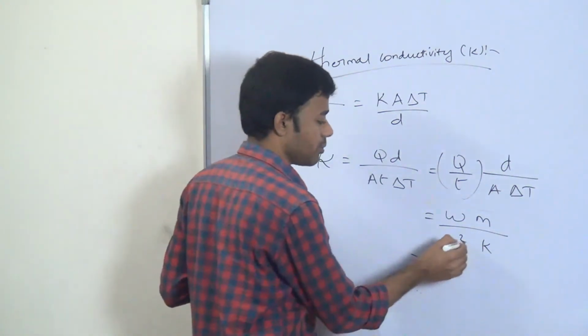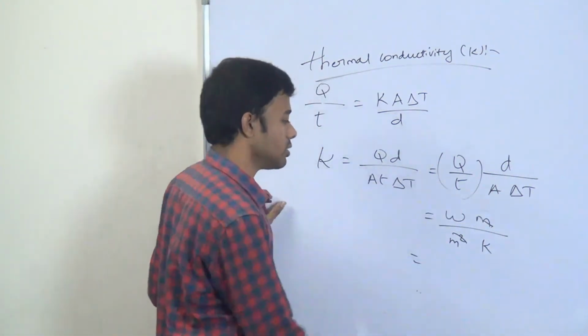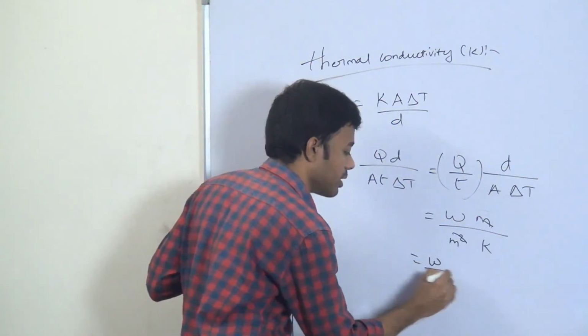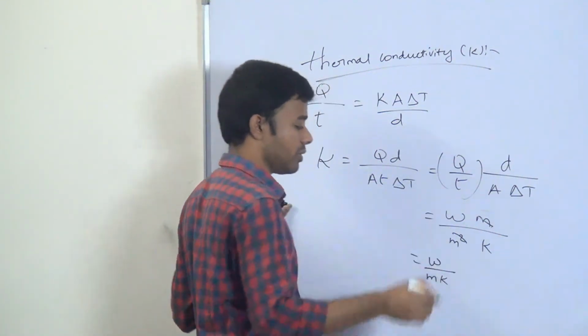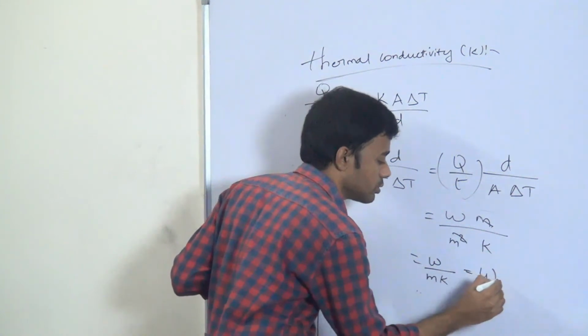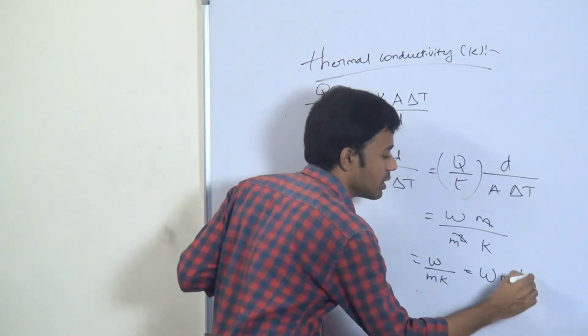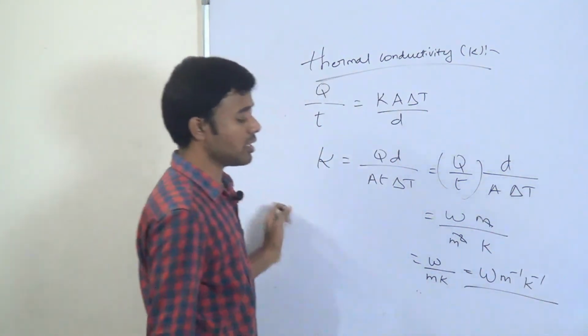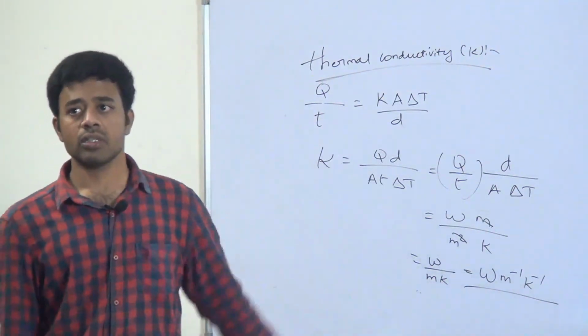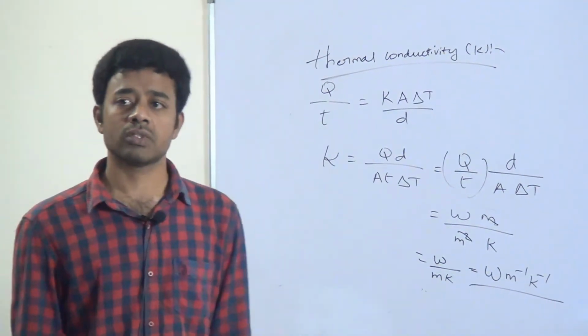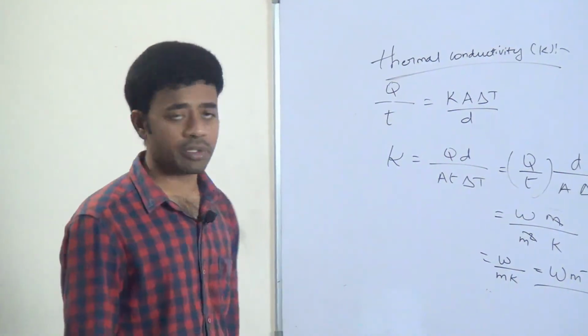So meter gets cancelled, and you have watt per meter into Kelvin. So it is watt into meter inverse into Kelvin inverse, which is the unit of thermal conductivity K. So it is option C.